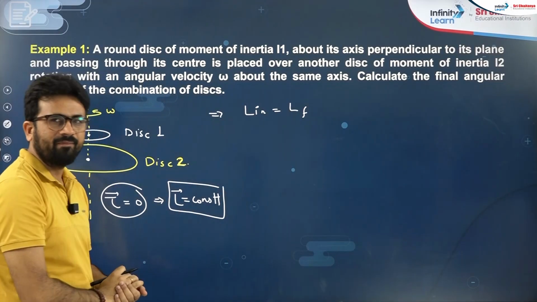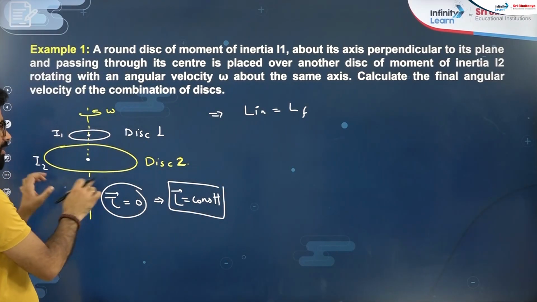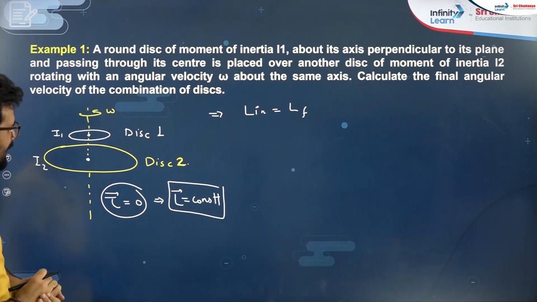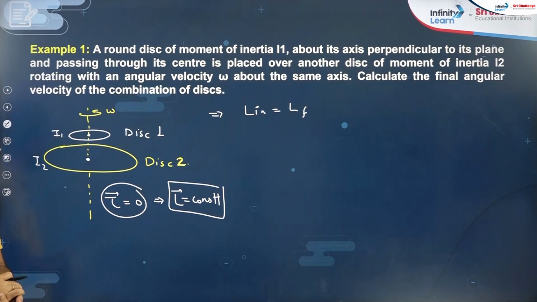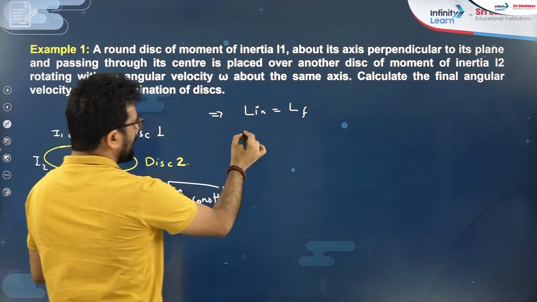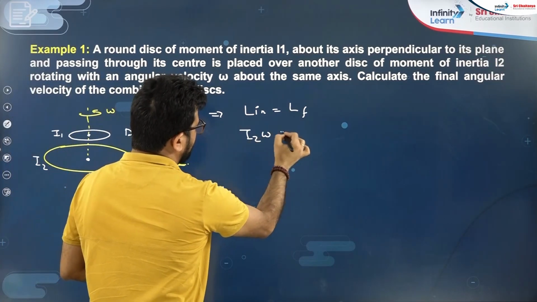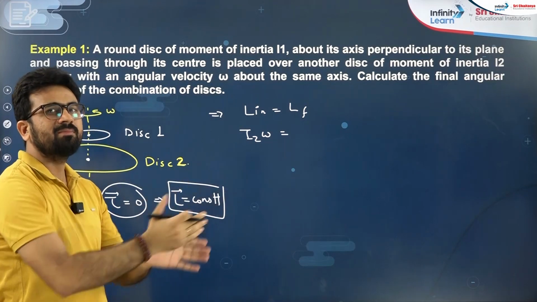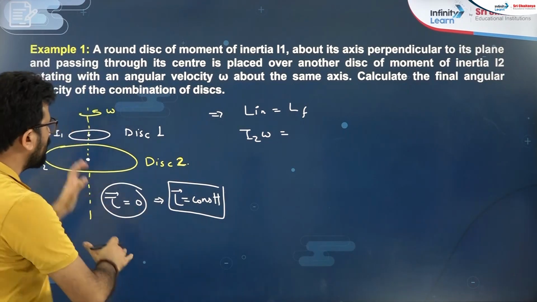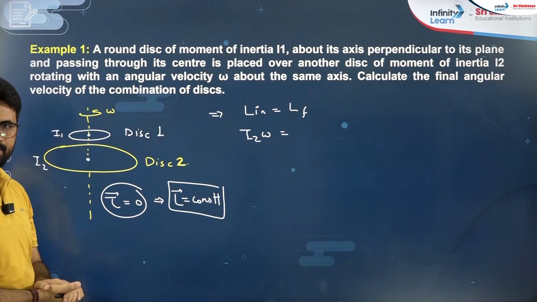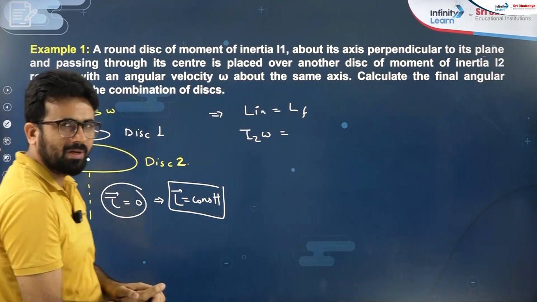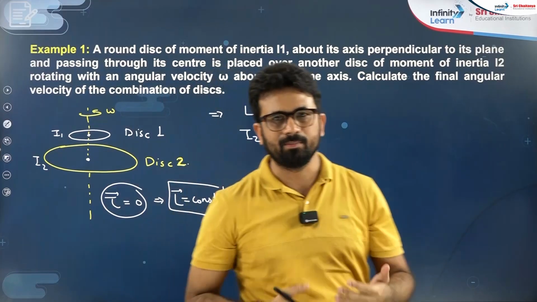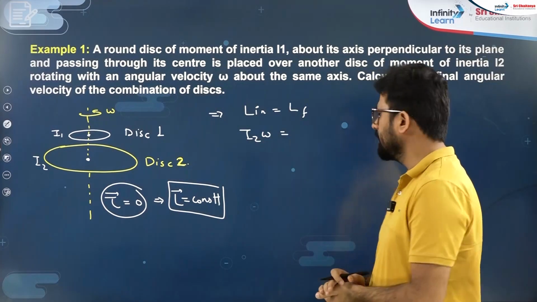What is L initial? Try to understand. Initially only disk 2 was rotating with angular velocity omega, and its moment of inertia is I2, so L initial is I2 omega. But later, both disks move together because they are combined, and their moments of inertia can be added, because it is a scalar quantity.